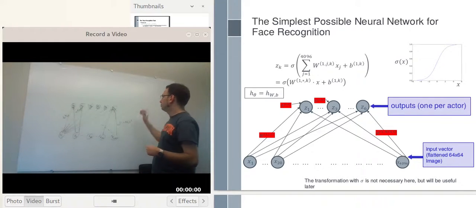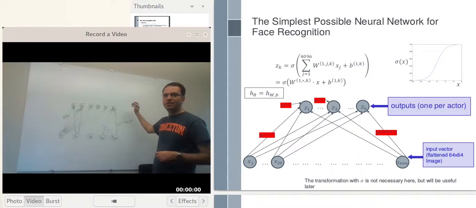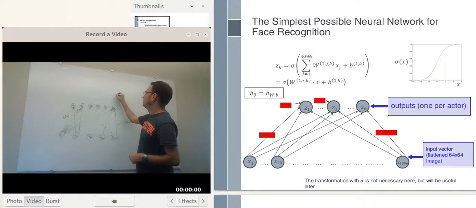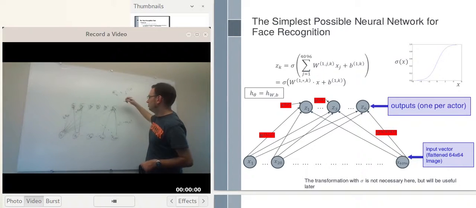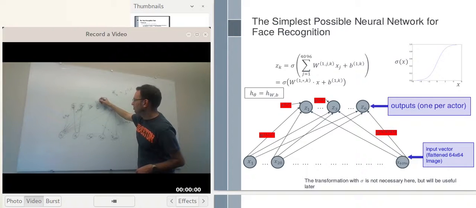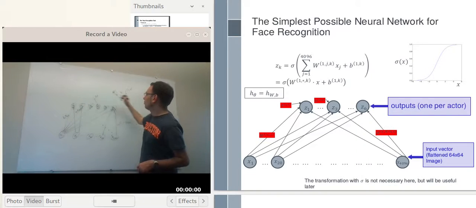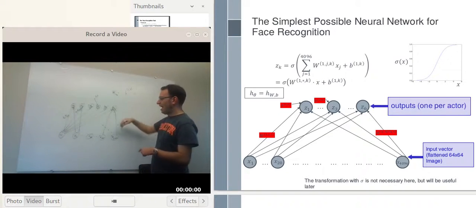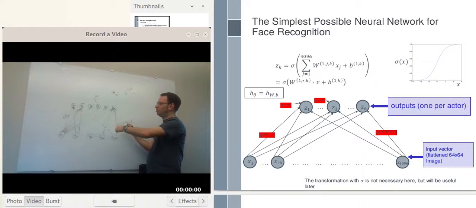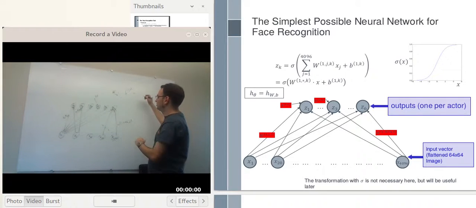So now to compute ZK, for example, what you would do is you would say, okay, ZK is going to be B1K. So there's also a B here. So this is, for example, B14. And then you'll just add X1 times the associated weight, X2 times the associated weight, and so on.